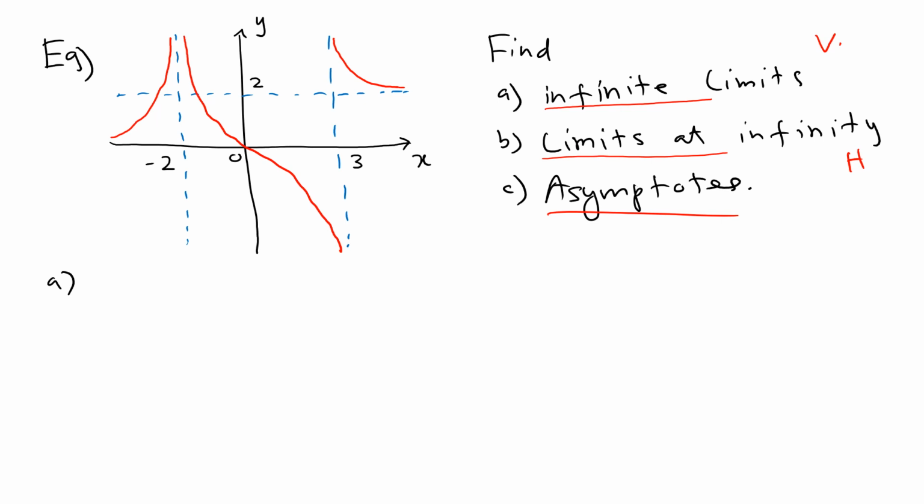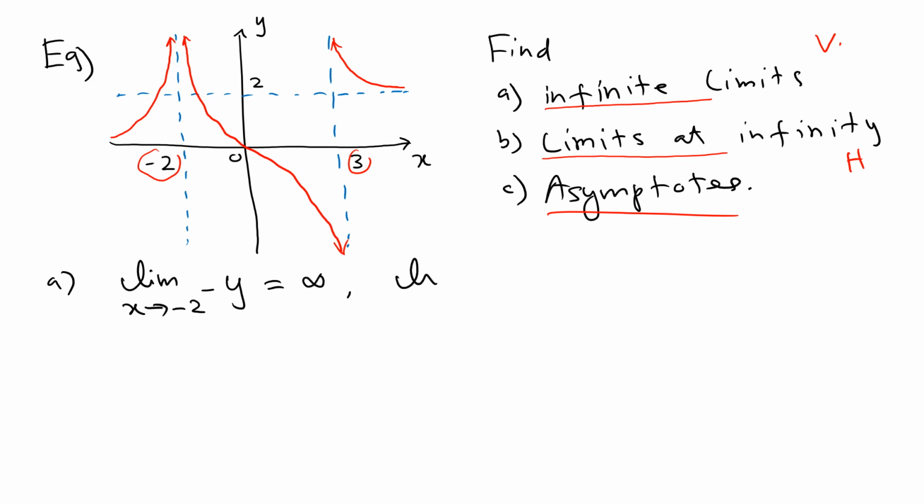At negative 2, you can see the function goes to infinities. So that means those are the infinite limits. And also at 3, you can see on one side it goes to negative infinity, one side goes to positive infinity. So let's write them. So we have infinite limits. So we have limit x goes to negative 2 from the negative side. You can see the y or the function is positive infinity.